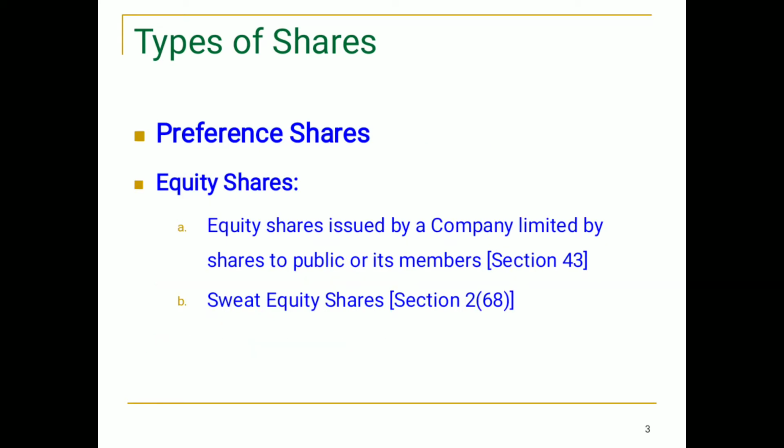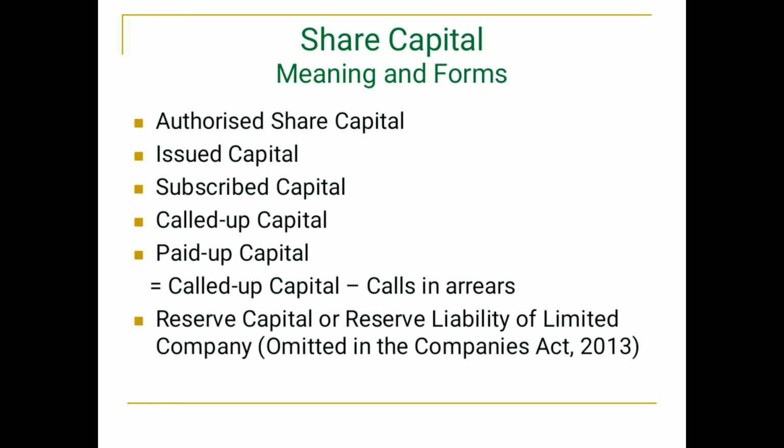Then we have understood its types. We have also understood the forms of capital. Share capital: authorized, that means the authority that the company has. The amount, the value or the number of shares issued, from that applications received, from that called up, and from called up the paid up capital, and the surplus transferred to reserve capital.